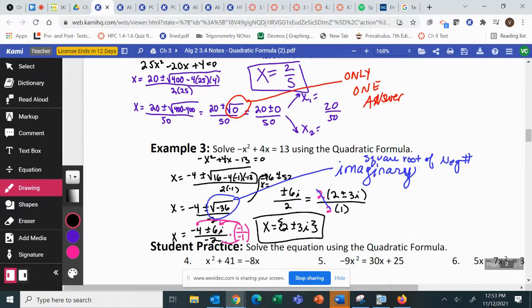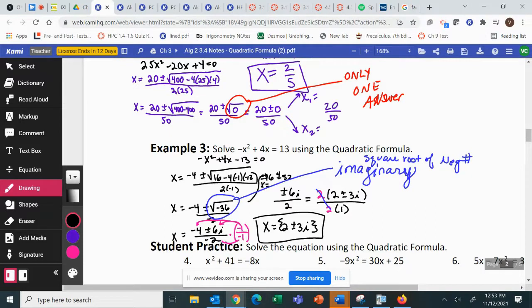How can I get 1 imaginary answer? Do you think you know? You can't. That's totally what I'm asking here. You never, ever can have 1 imaginary solution. Never. Because in order to get imaginary, we have to do plus or minus square root. I mean, that's the formula. And then when we do b squared minus 4ac, we get a negative number.